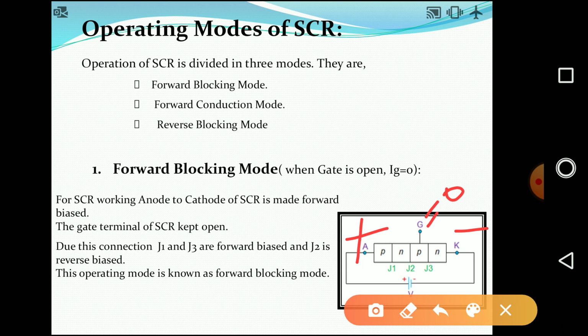That is, for SCR working, we make the anode to cathode forward biased and keep the gate open, due to which J2 remains reverse biased, and the depletion layer at J2 goes on increasing, so current will not flow, but SCR remains in forward mode. So the operating mode is forward blocking mode.